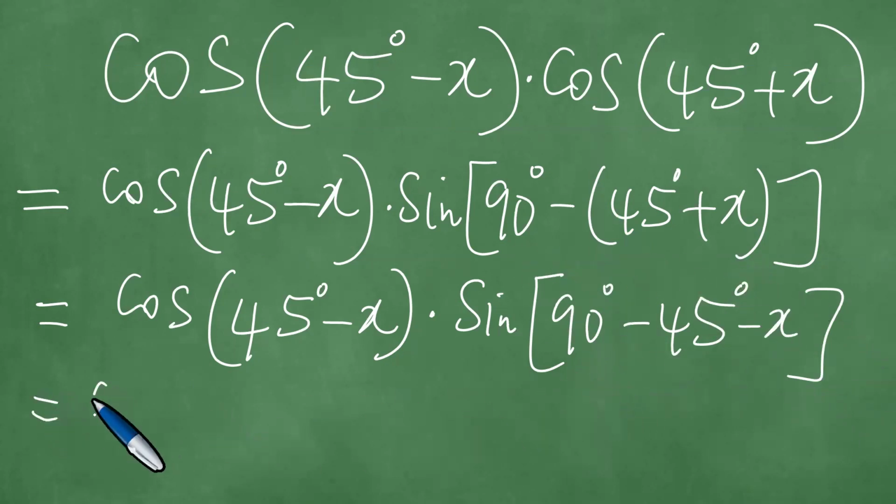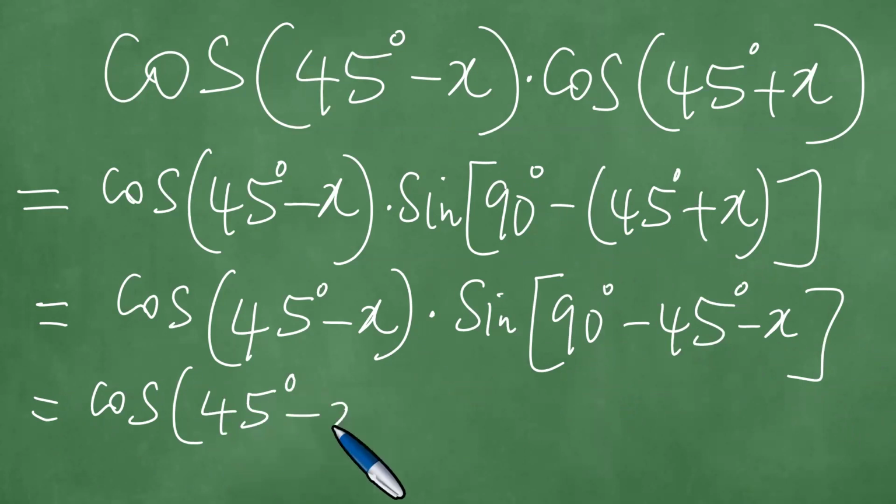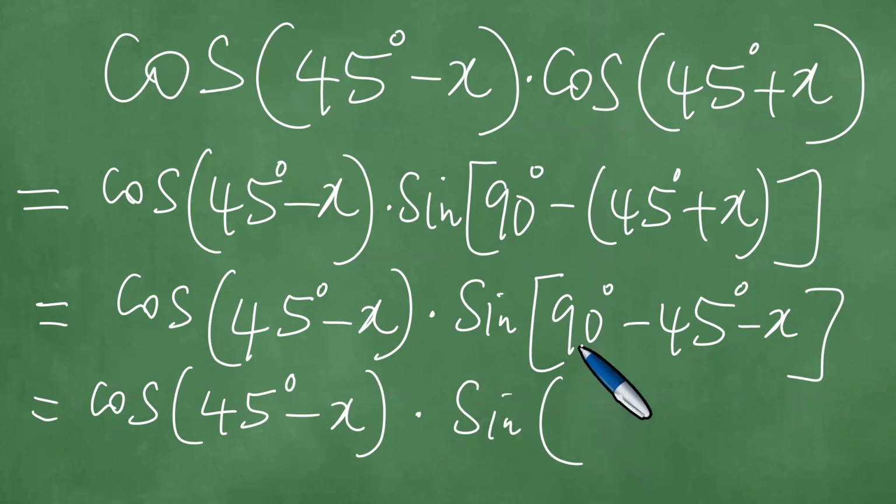Right. So now, after having applied the distributive law here, this is cosine of 45 degrees minus x multiplied by the sine of, now 90 degrees minus 45 degrees is 45 degrees, minus x, like so.